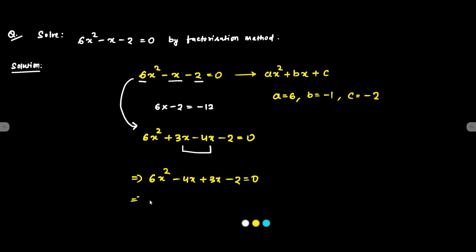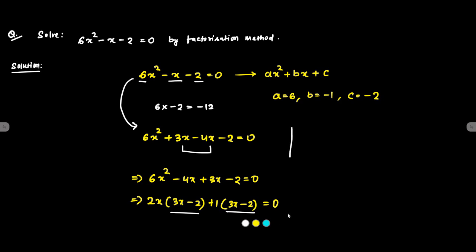Now we will factorize it. 2x into 3x minus 2: 2x into 3x is 6x square, 2x into minus 2 is minus 4x, plus 1 into 3x minus 2, that is equal to 0. So here also it is 3x minus 2, here also 3x minus 2, so both are common.